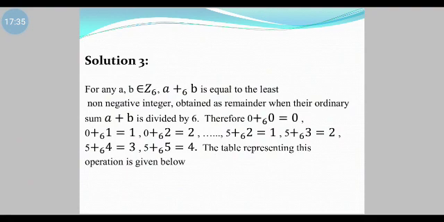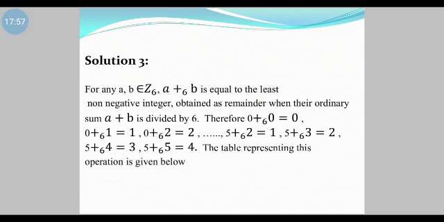For example, if we consider 5 plus modulo 6 2, adding 5 and 2 we get 7, and dividing 7 by 6 we get the remainder 1. Therefore 5 plus modulo 6 2 is equal to 1.